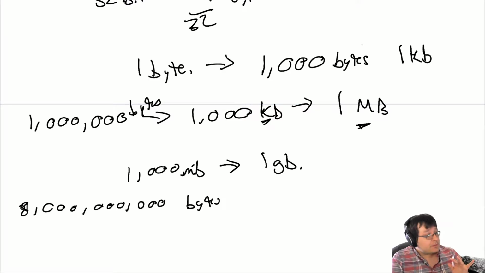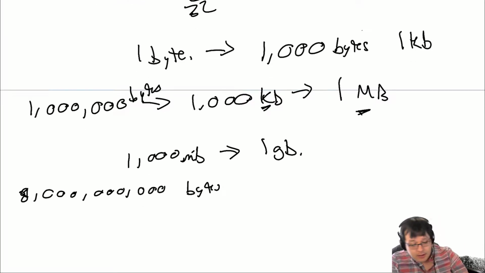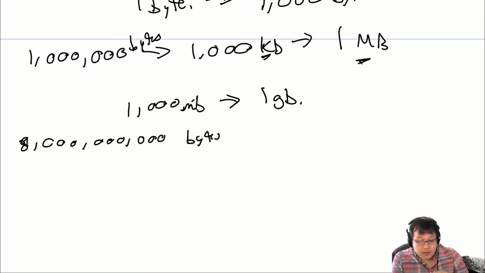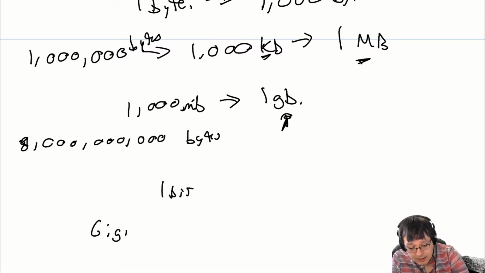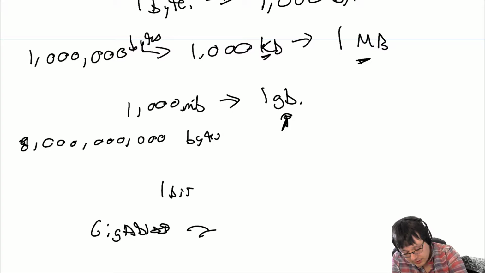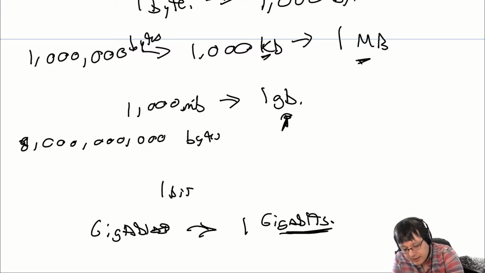So this is a scam that people pull when they're selling you internet. When they're selling you the internet, they're not using bytes, they're using bits. So they're like, we're selling you gigablast, which is 100 gigabits.